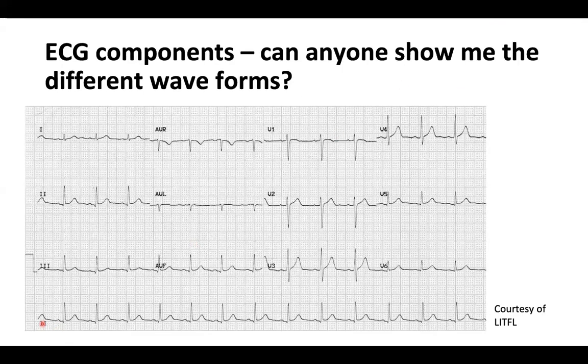Okay, I'm not sure if you guys can annotate any of the slides, but does anyone want to just explain or name the different parts of an ECG that they know of, the different waveforms? So you can unmute yourselves or put it in the chat. Probably better just to unmute yourself. Okay, so yes, PQRST.